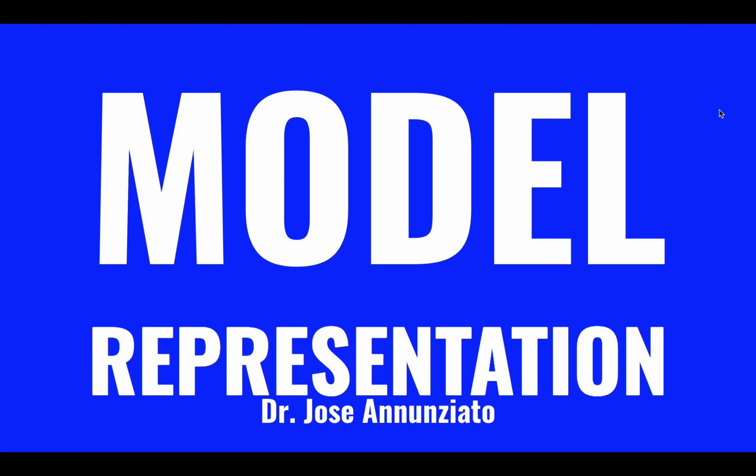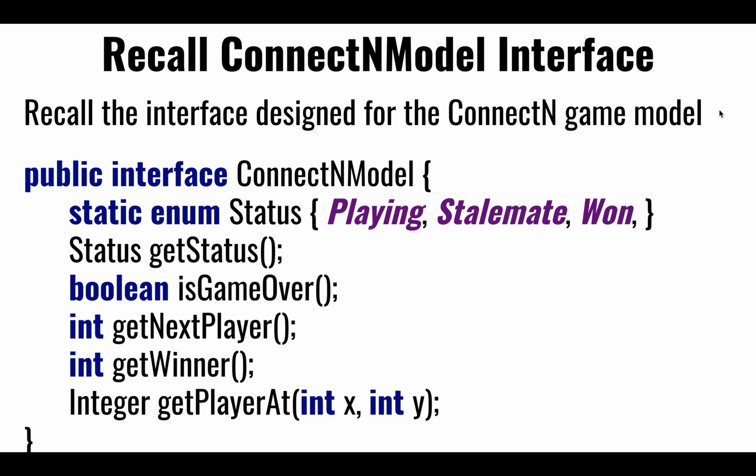All right, so let's revisit how to represent a certain piece of data. Back when we looked at ConnectNModel, in an earlier lecture, we talked about how to represent a tic-tac-toe board, and how to represent something a little more general using the Connect4 game, and how you represent a board and validate that you have indeed connected 4 tokens.